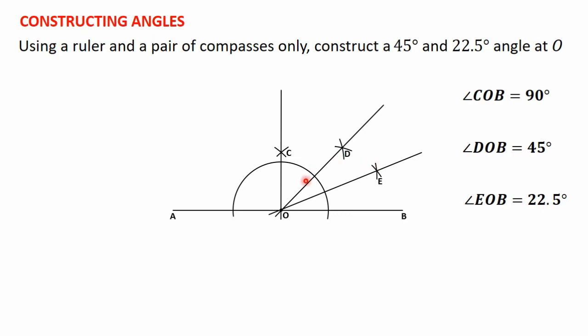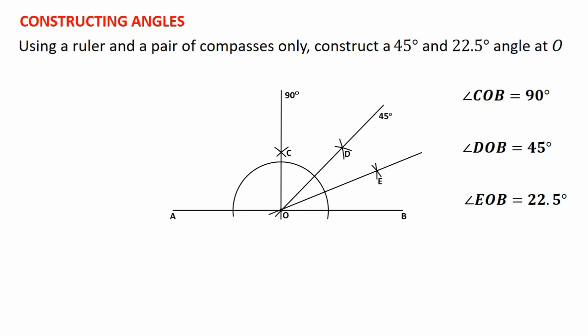So we first constructed angle COB, which is the angle formed along this line, and that angle is 90 degrees. Then after that, we bisected angle COB to get angle DOB, which is the angle formed along this line. When you bisect a 90 degrees angle, you get 45 degrees.